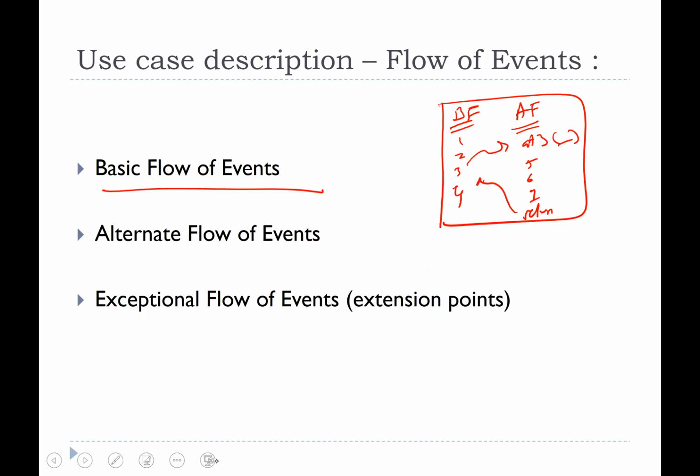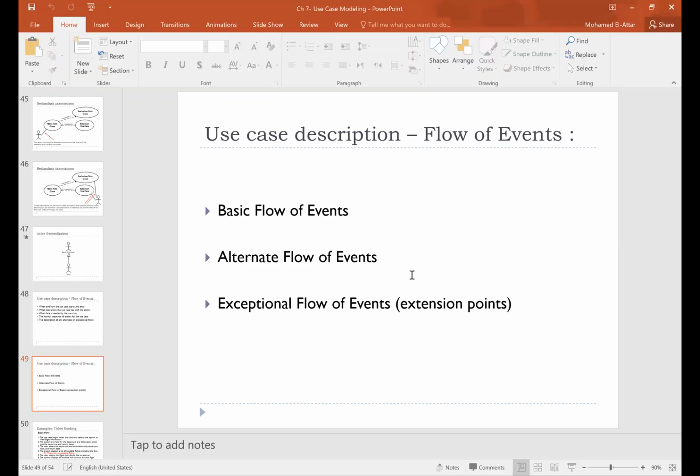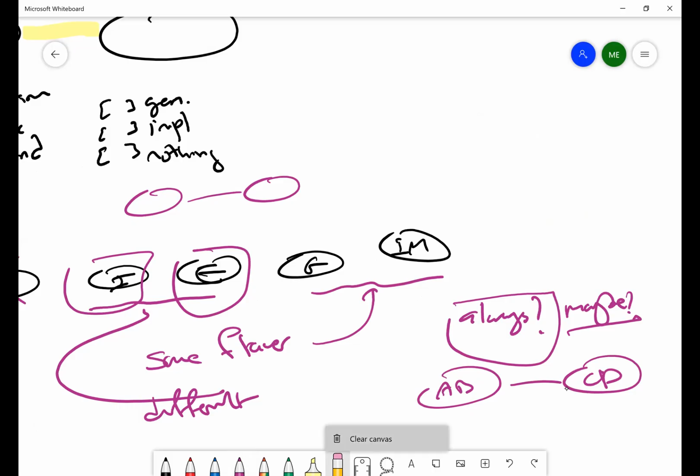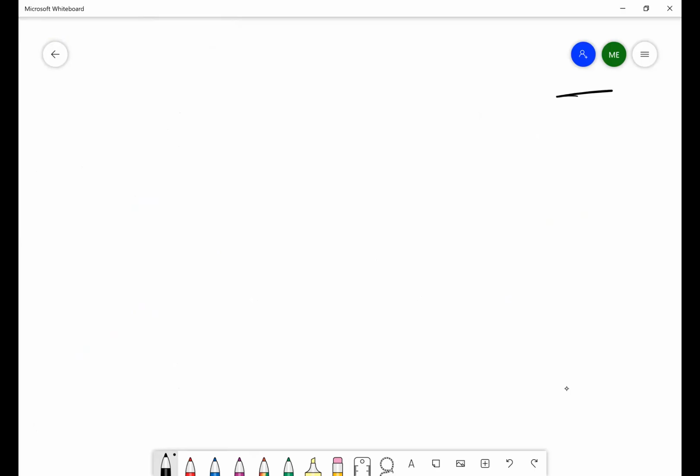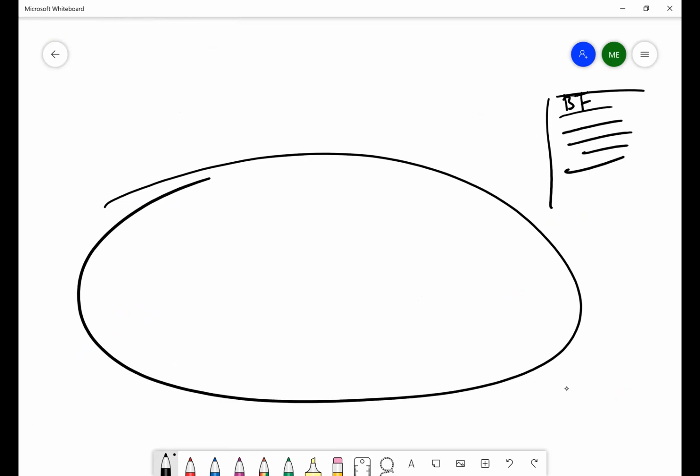Now let me step out over here for a second. Think of it this way. Here I am with my use case description and my basic flow. Let me draw a big use case as such. There is a starting point, and I'm trying to do the following steps until I reach the end.